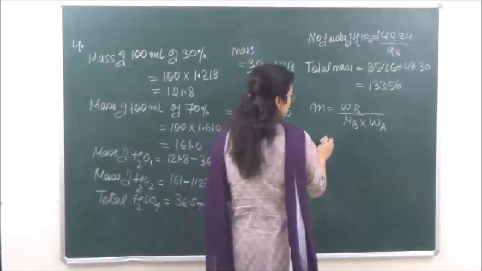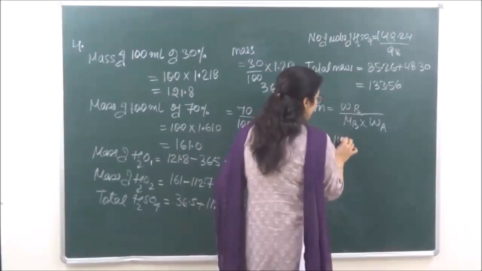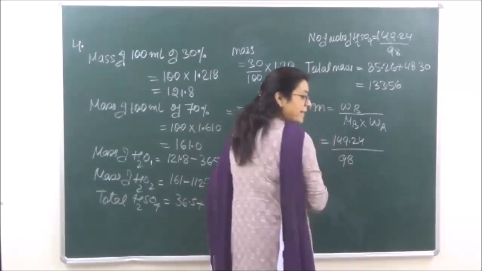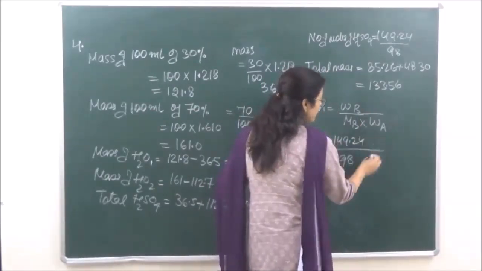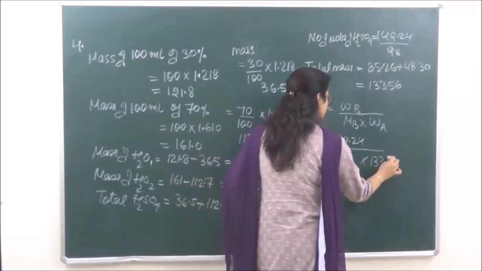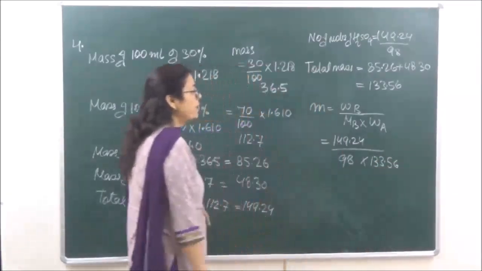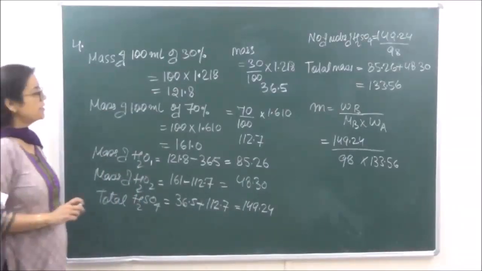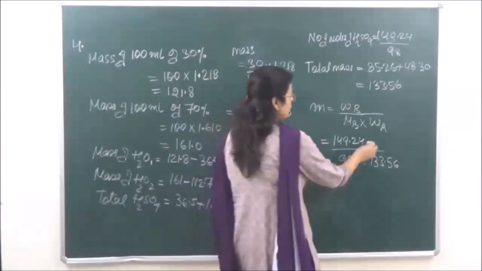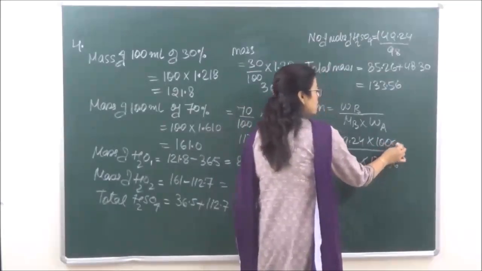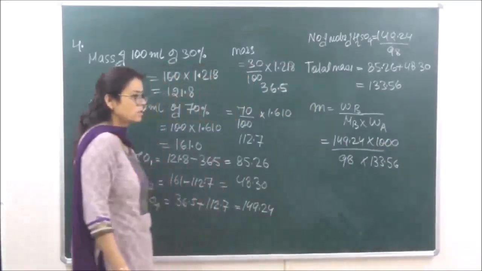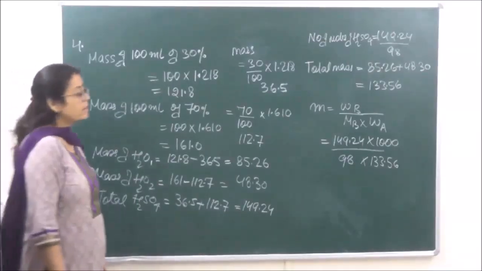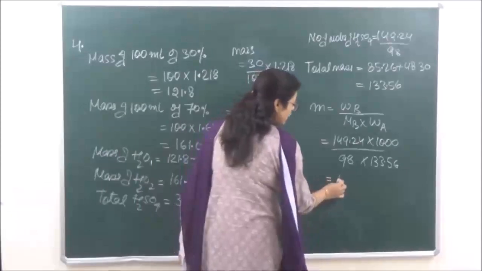Number of moles of H2SO4 is 149.24 upon 98, and weight of the solvent is 133.56. Okay, now to convert it into grams, what will we do? We multiply this by 1000, and when we calculate the molarity, it is coming to 11.4 molar.